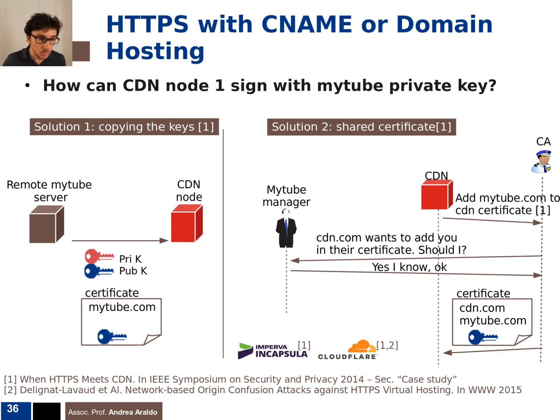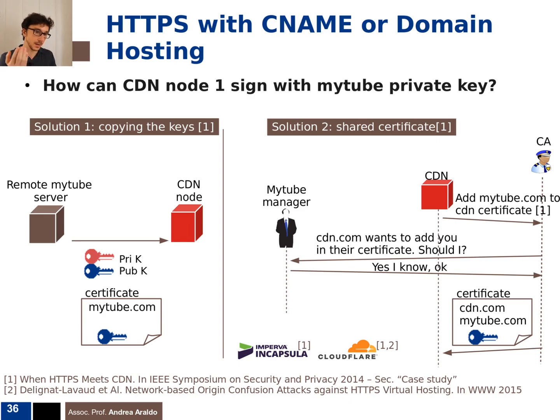And you may observe that this violates the nature of asymmetric cryptography, because asymmetric cryptography assumes that the private key is just in the hands of a valid owner. While in this case, MyTube is disclosing the private key to the CDN node. And it is clear that this is a security issue, but this is how a lot of CDNs work.